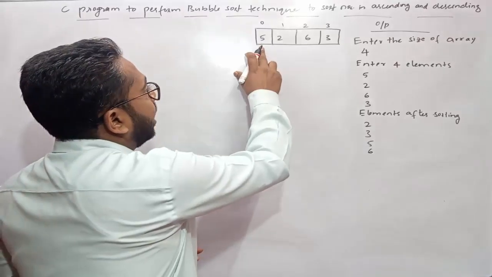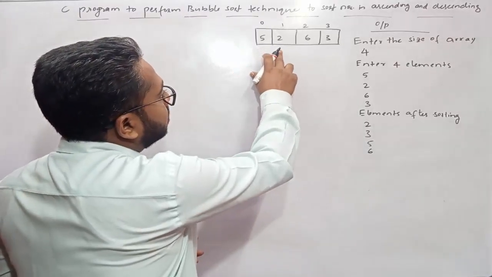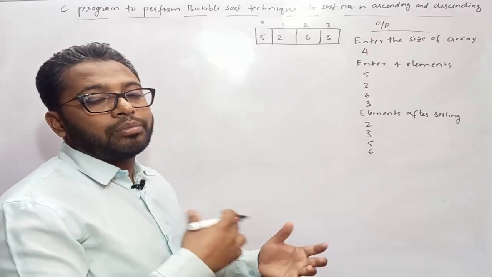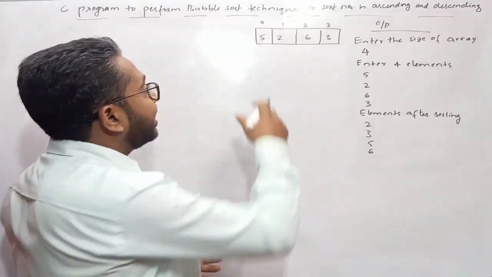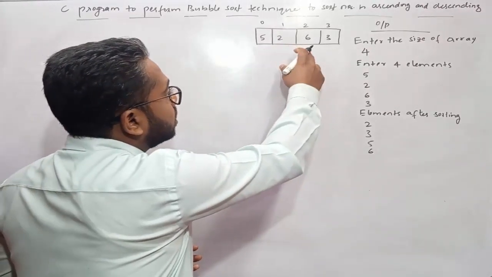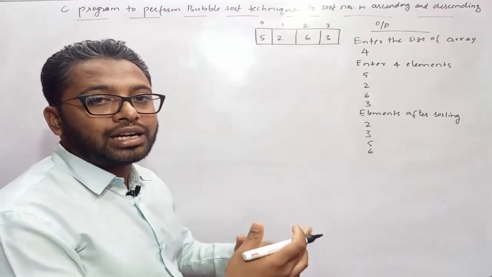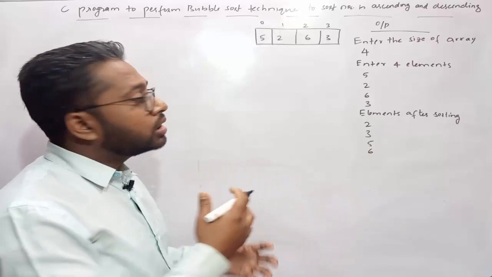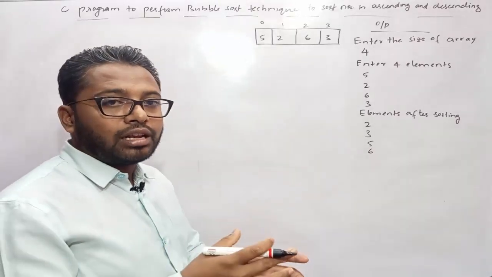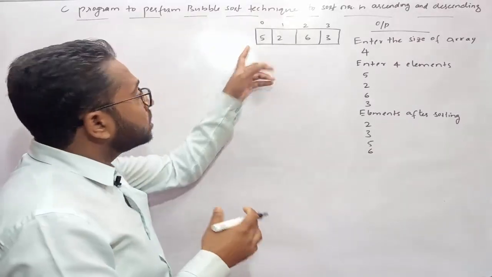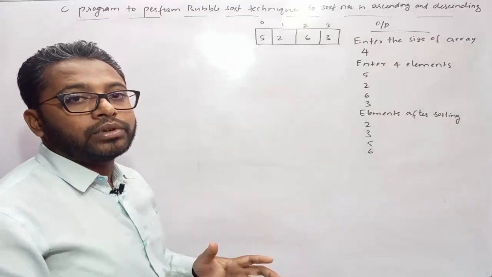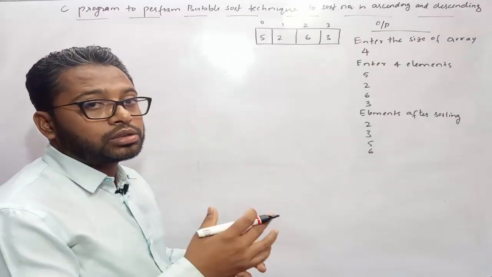If the first item is greater than the second item, then swapping will take place. Then again the first item gets compared with the third item. If the first item is greater than the third item, again swapping will take place. Like this, the smallest element will come to its correct position, that is the first position. This is how bubble sort works.